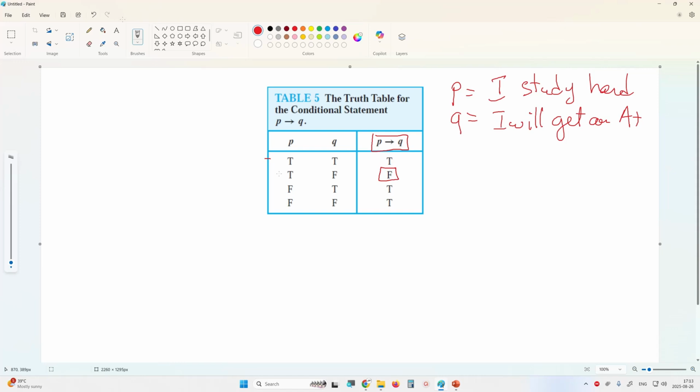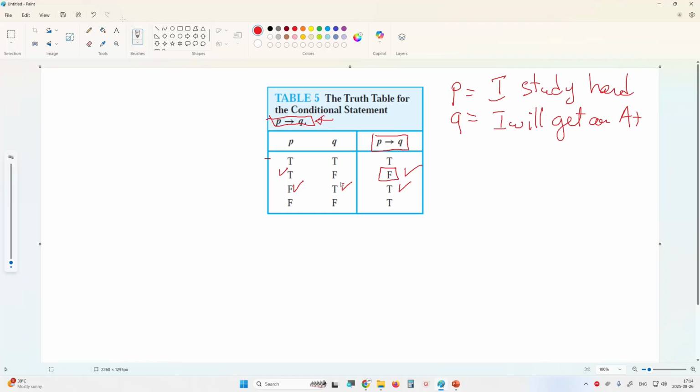Now, if I studied hard, but I did not get an A+, that means this statement, if this then that, or studying hard implies that I'm going to get an A+, did not work. It was not correct. It gave me a false result. Now, if I did not study hard, but then I got an A+, this does not negate the rule. The condition that says if you studied hard, you get an A+, does not mean that if someone does not study hard and gets an A+, the rule is wrong.